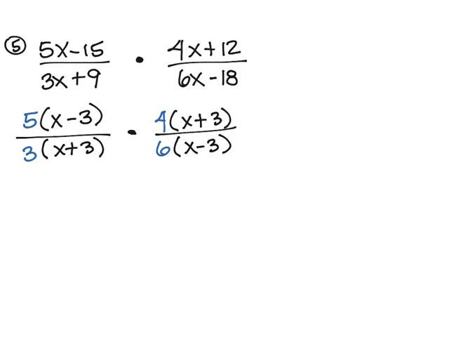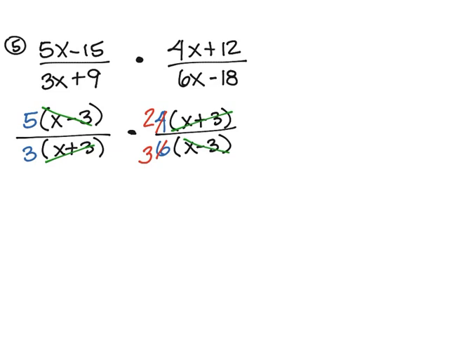Now, you do some type of your reducing. Yeah, you're canceling. So obviously, we can cancel out the x minus 3's and the x plus 3's. Okay? What else can you reduce? 4 and 6. Good. Now, they both have who in common? 2. So that would make a 2 on top and a 3 on the bottom.